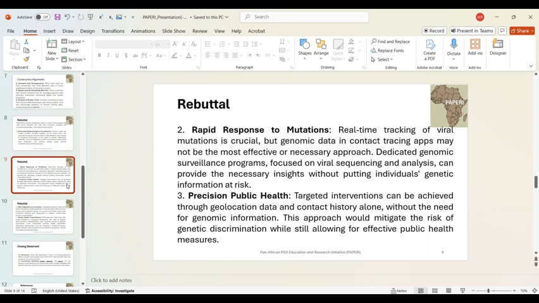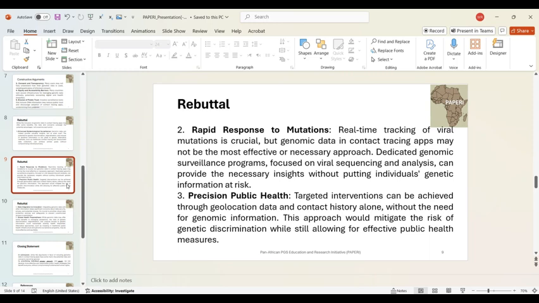Point number two is rapid response to mutations. Real-time tracking of viral mutation is crucial, but genomic data in contact tracing apps may not be the most effective or necessary approach. Dedicated genomic surveillance programs focused on viral sequencing and analysis can provide the necessary insight without putting individuals' genetic information at risk.